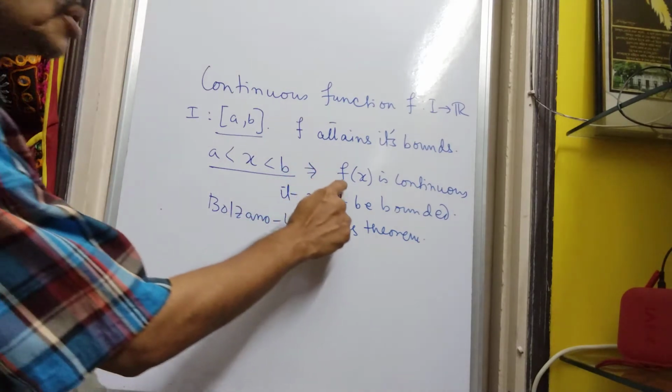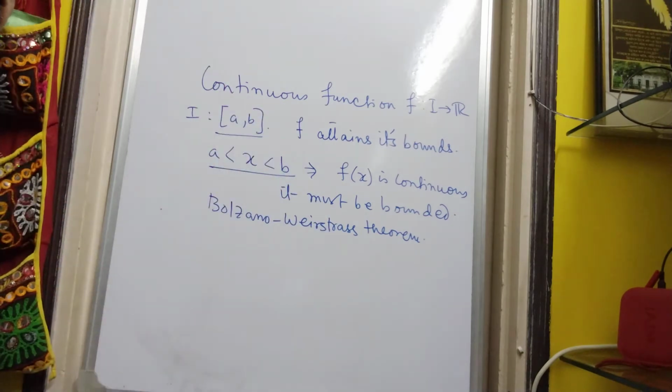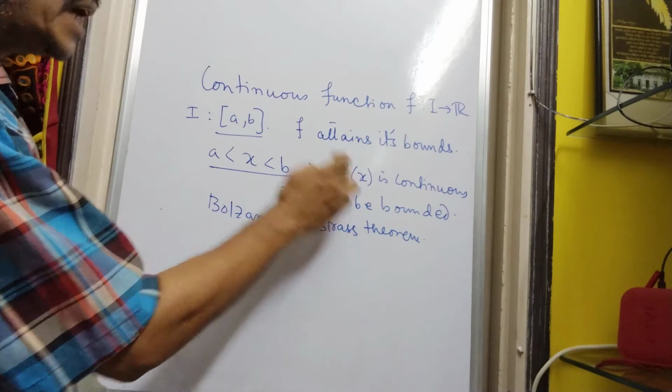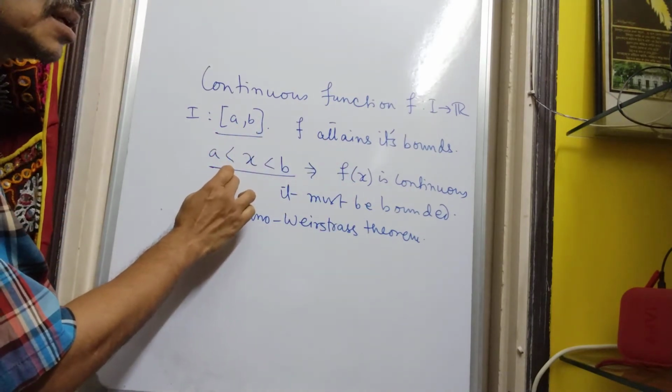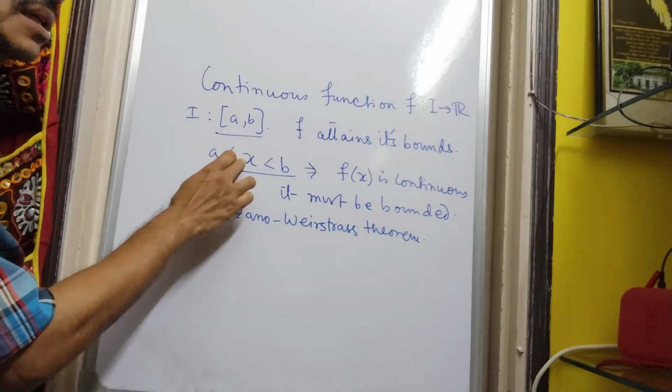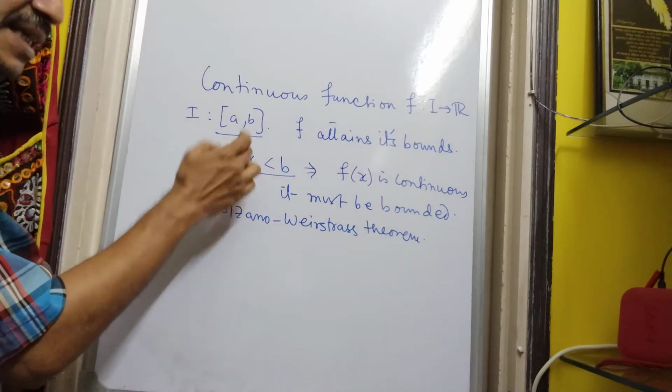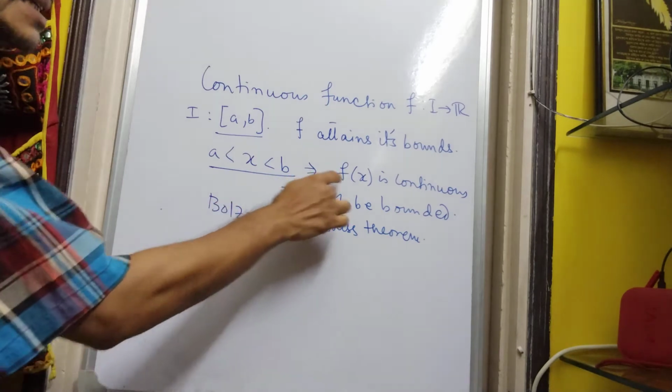So since f(x) is continuous, it must be bounded, because whenever f(x) is continuous, for any convergent sequence xn, f(xn) converges.